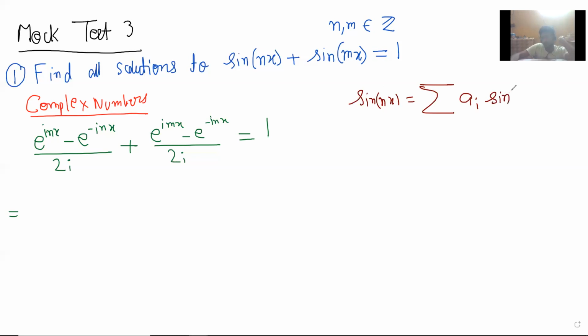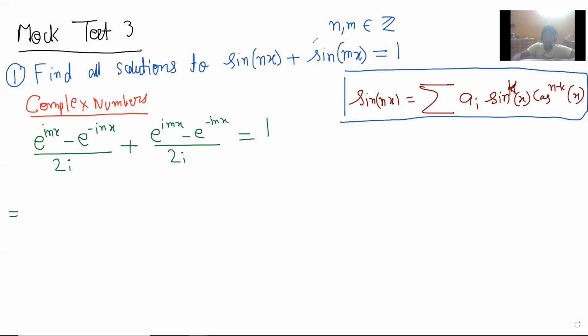Sine to the power n x, and I suppose cosine will also come up, and this will be k, and maybe n minus k or something like that, x. Okay, sin nx can be written in this way. For those of you who don't know this, please try to derive this. Complex numbers is the method. Very interesting, very useful formula, at least.